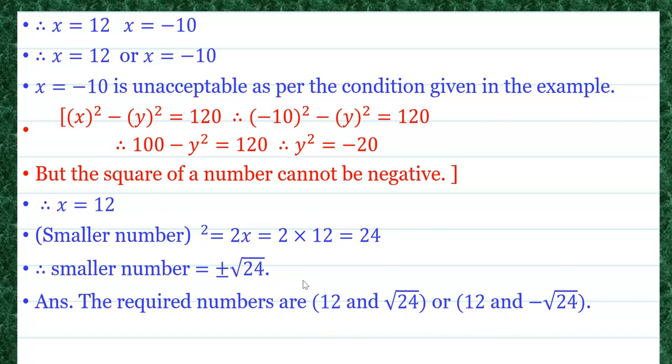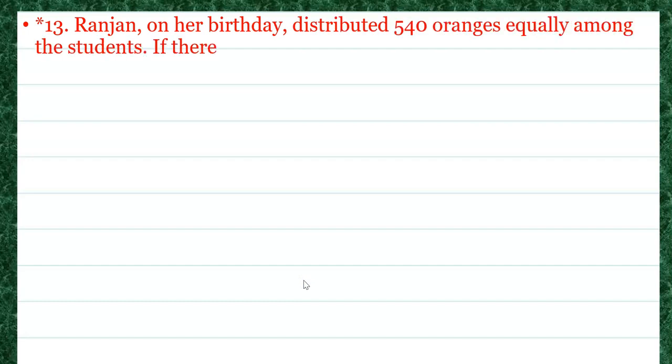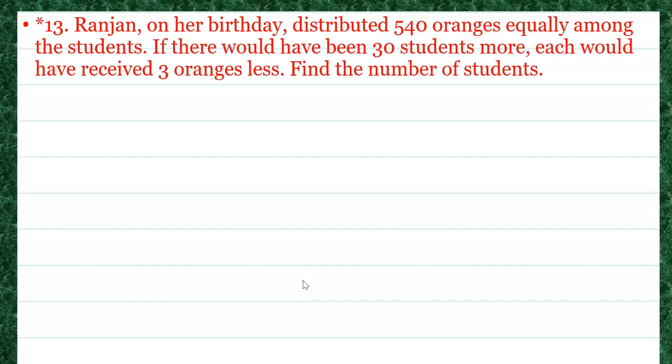Okay, now the next example, number 13. Ranjan on her birthday distributed 540 oranges equally among the students.